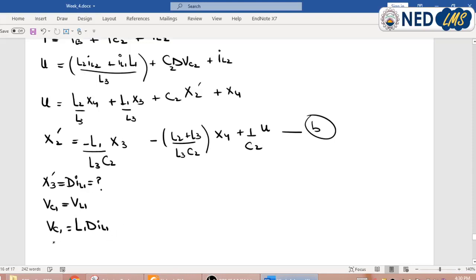This can be written as X3 dash equals X1 over L1.